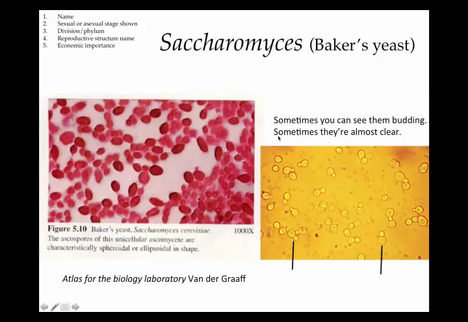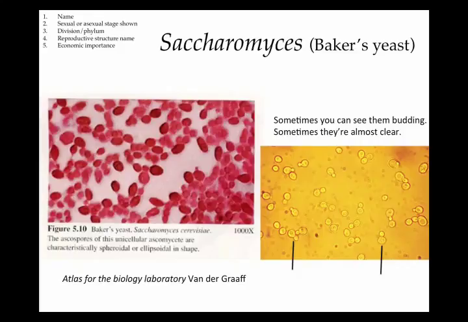Economically, these guys are good for baking, making bread rise when you force them to do fermentation, brewing beer and making wine. You need yeast for that. In the packet, I think it says something about yeast infections, but as far as my research goes, that's caused by a different yeast species, not Saccharomyces.